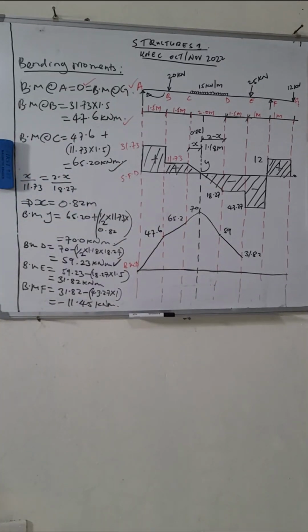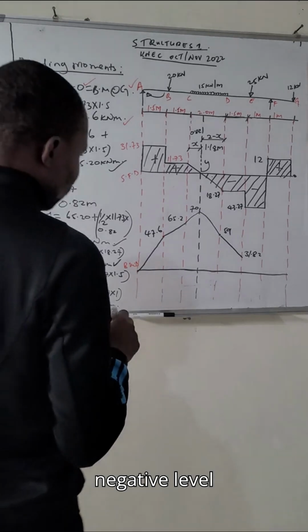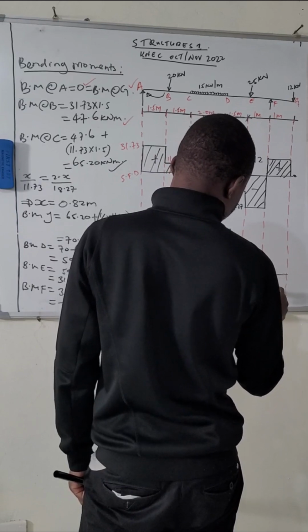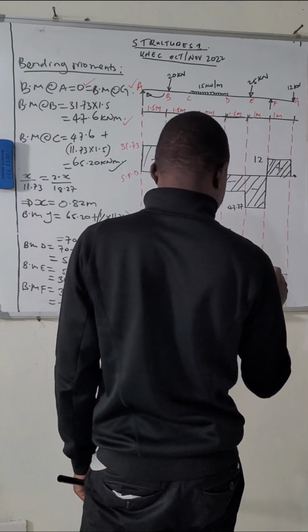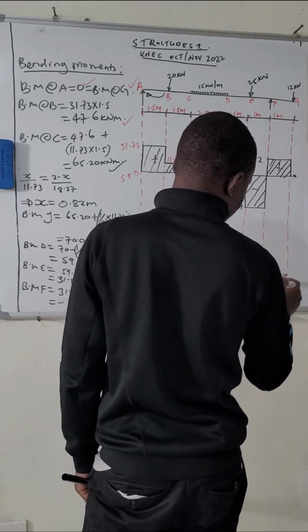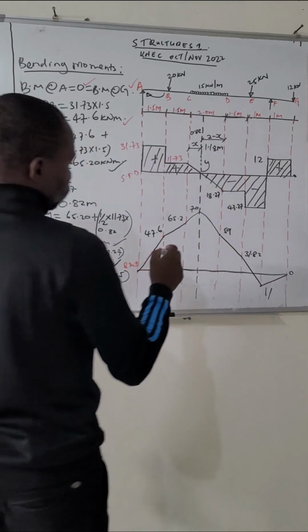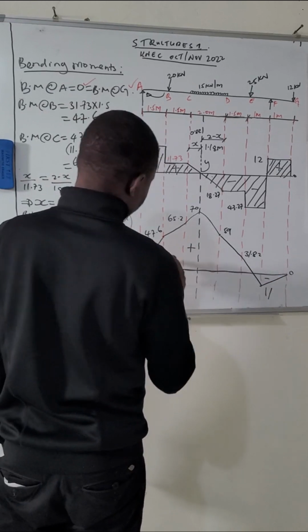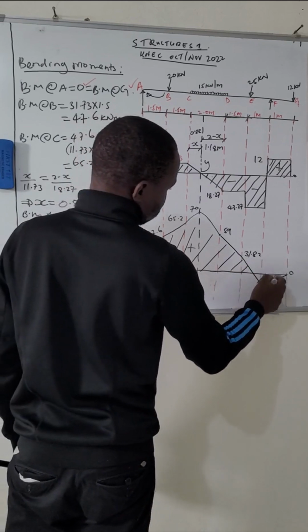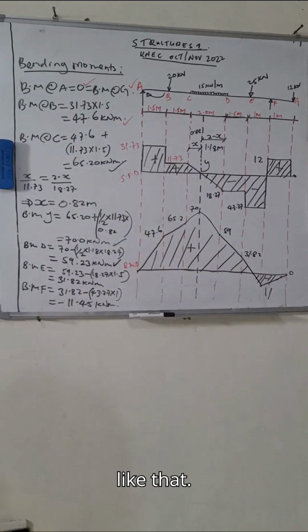And then at F is negative 11.45, so it's a diagonal line. And then 0. So this is positive, negative, like that.